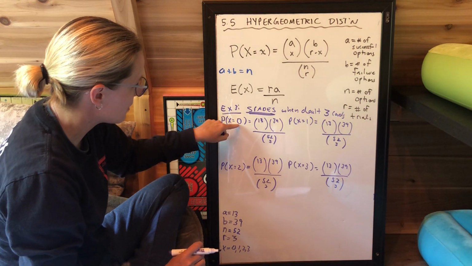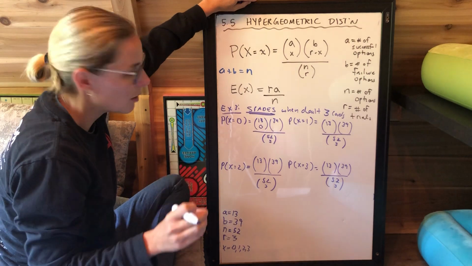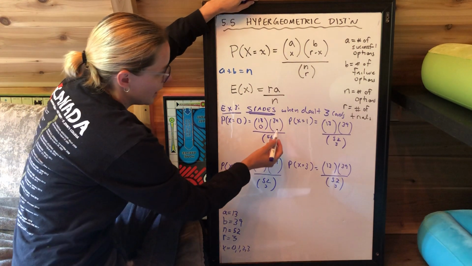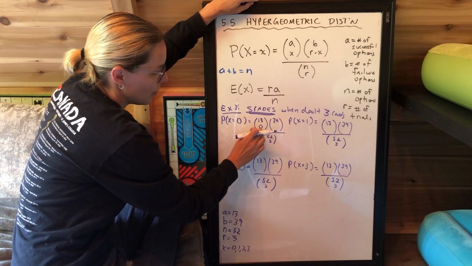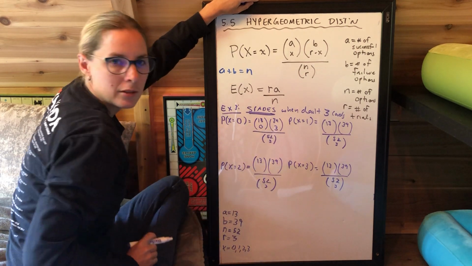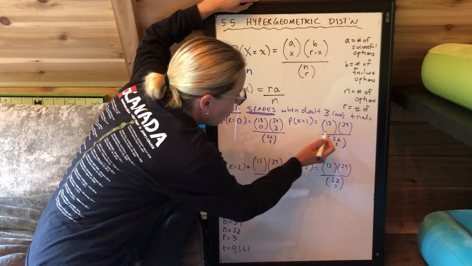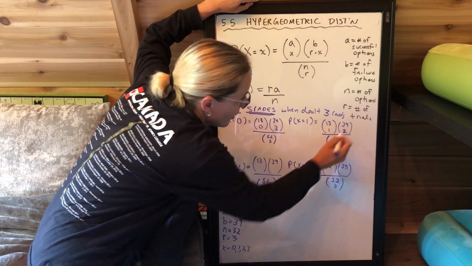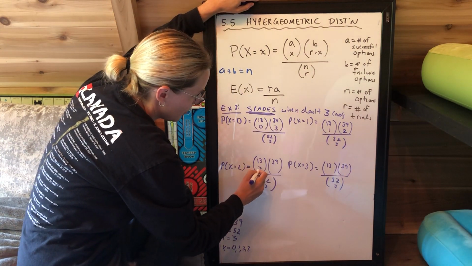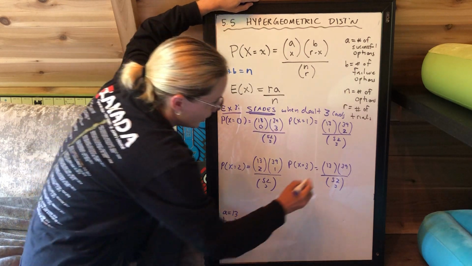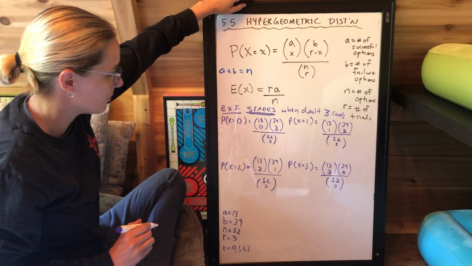In this case, we're specifically looking for 0 spades, which means of the 3 cards we're getting dealt, how many cards are not going to be spades? Well, if 0 of them are spades, then all 3 of them must be failure cards, hearts, diamonds, clubs. If 1 of them is a spade, then 2 of them must be failure cards. Remember, these 2 numbers have to add to this. If 2 of them are spades, 1 is a failure card, and if all 3 of them are spades, 0 of them are failure cards.